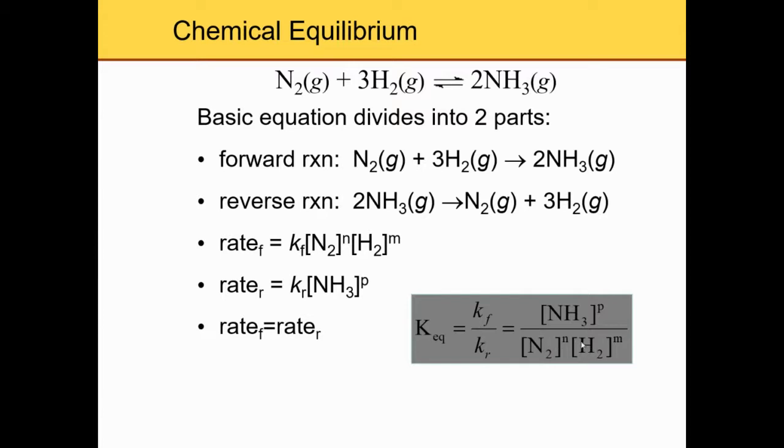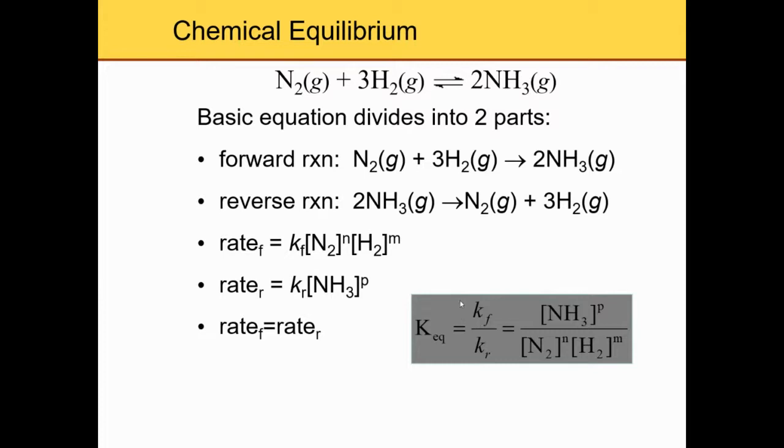If you move these two items to here, that'll be Kf multiplied by [N2][H2], and move this item to here, that'll be equal to Kr multiplied by [NH3]. So that's how they derive this equation. If you multiply this, it will equal this multiplied by this. So now you just move Kr to here and move [N2][H2] to here, so that you can get this ratio.